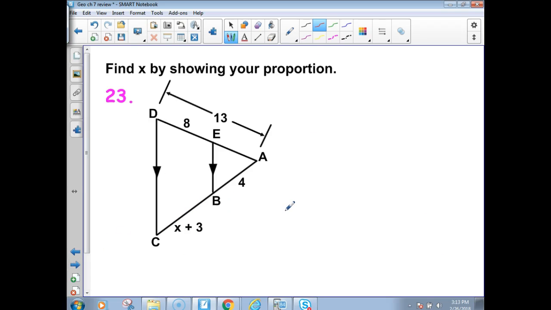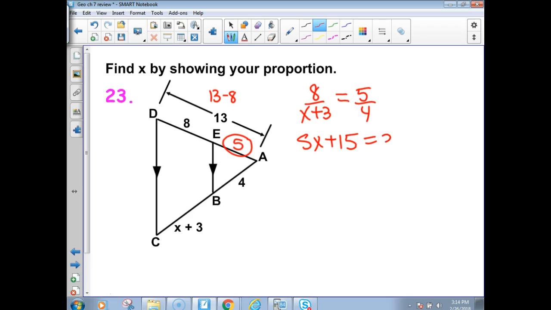23. Uh-oh. I say uh-oh just because I can't do it yet because there's nothing here. So I'm going to fill it in. 8 is to x plus 3 as 5 is to 4. And I got 5 by doing 13 minus 8. So I do my cross products. 5x plus 15 equals 32.